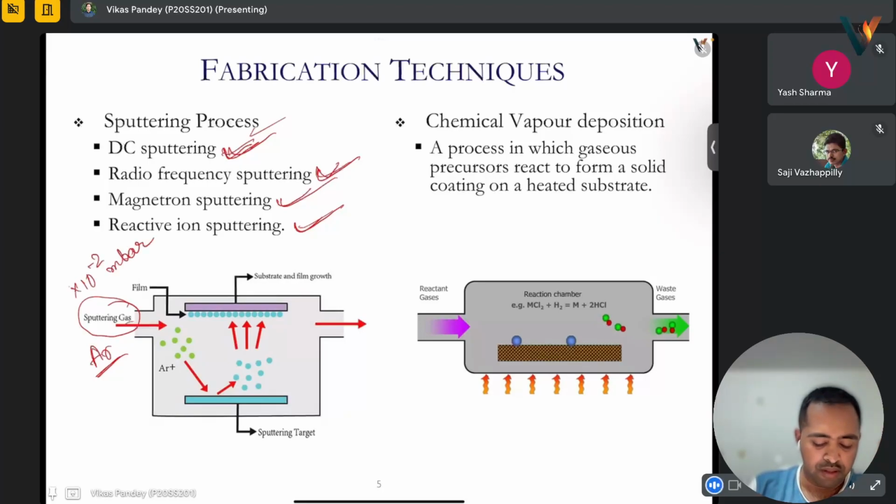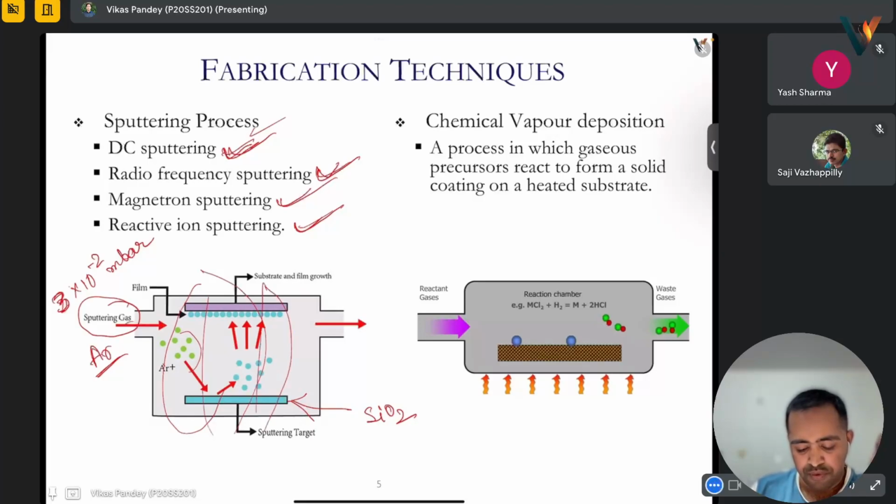So if you say 2 or 3, 3 into 10 to the power minus 2 millibar. So this is a very low concentration of argon gas put inside it. This is our target. So let's say silicon dioxide is set. Okay, this argon will come, and a plasma is formed between these two using either DC sputtering.